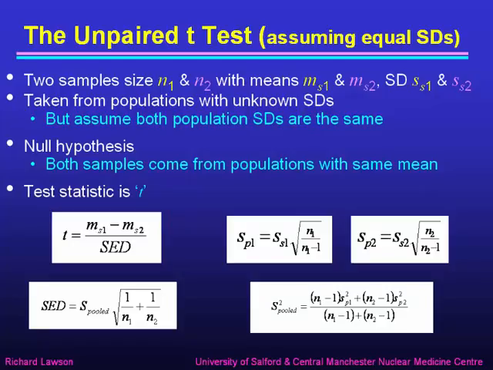Standard deviation of the population 1 is estimated from the standard deviation of sample 1, and the same thing for sample 2, and then we calculate a pooled standard deviation and calculate a standard error of the difference from that. That seems very complicated, but don't worry, Excel can do that calculation using its data analysis tool, so you don't even need to stop and think about it.